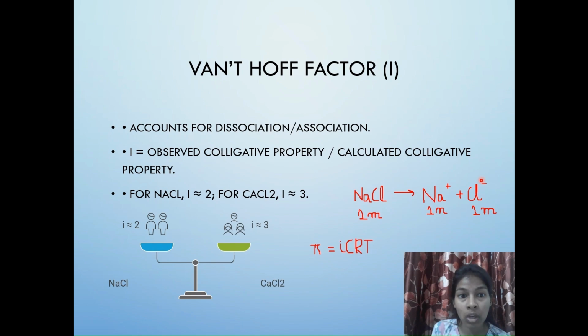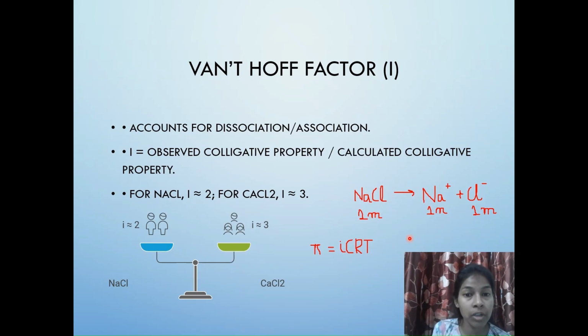we use a Van't Hoff factor, and how do we see it? That is your observed colligative property upon your calculated colligative property, or we can just say the number of solute particles after dissociation upon the number of solute particles before dissociation.